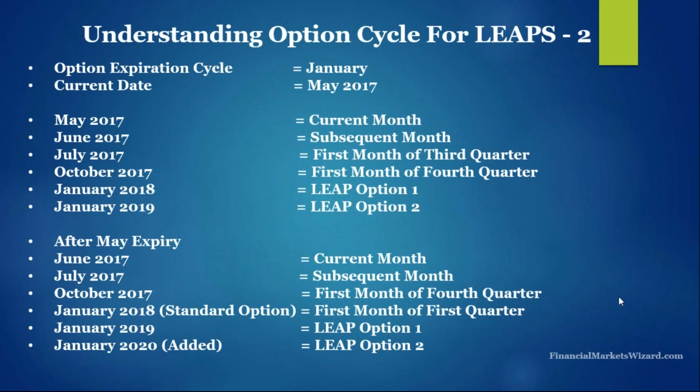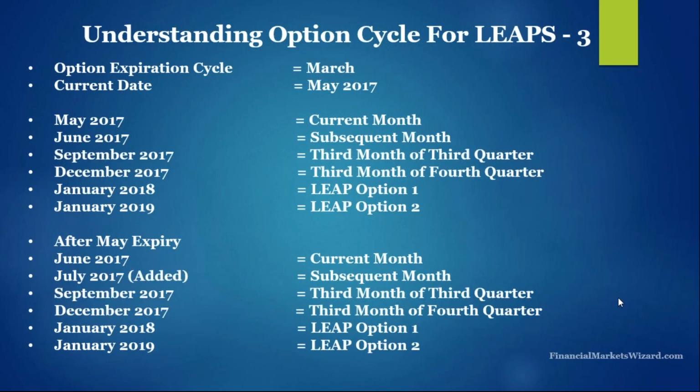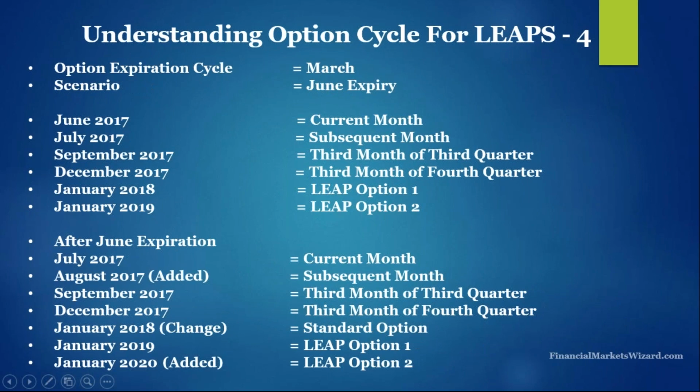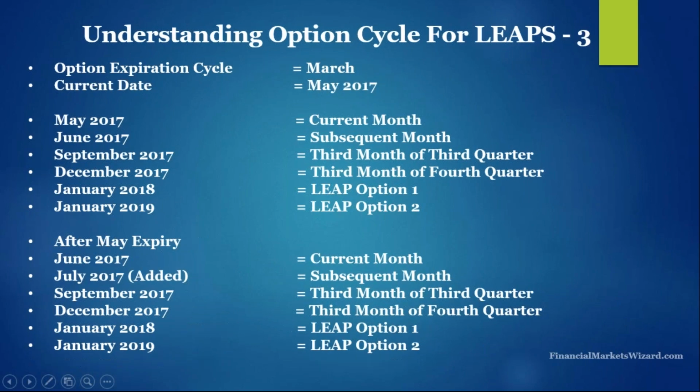So these 2 months will be there too. So there will be a total of 6 months for this stock: current month, subsequent month, option cycle first month, option cycle second month, LEAP option 1 month, LEAP option 2 months. So what happens after May, when the month of May expires?